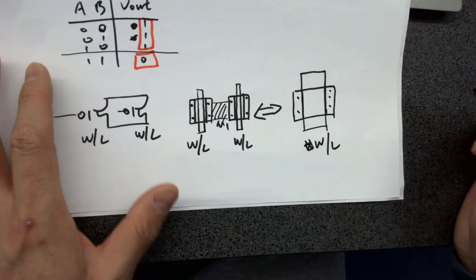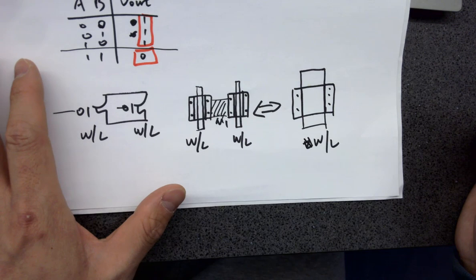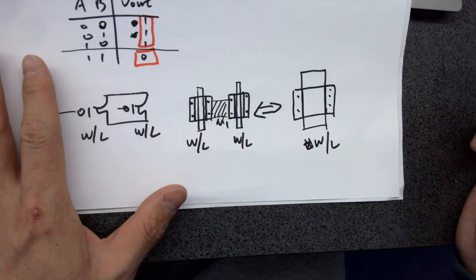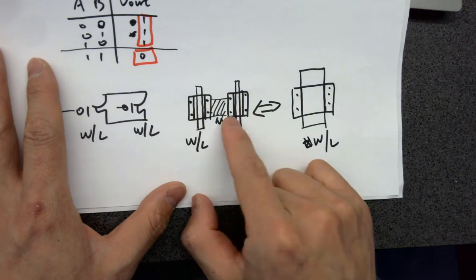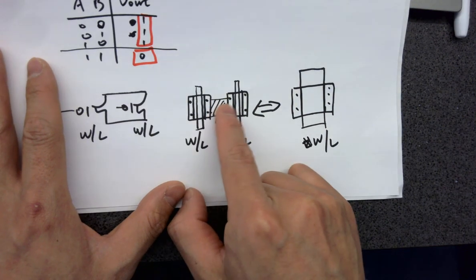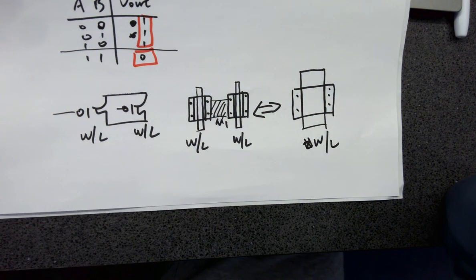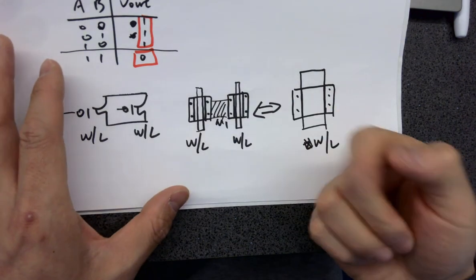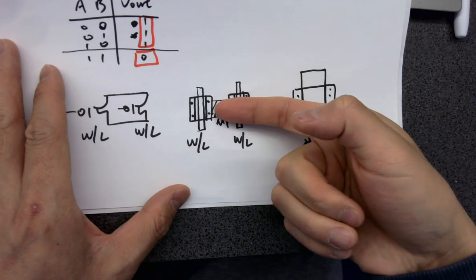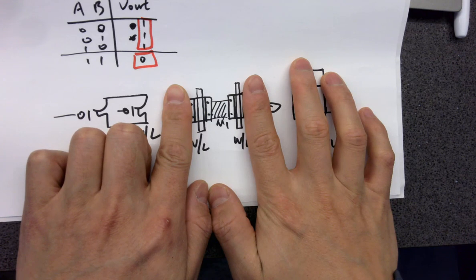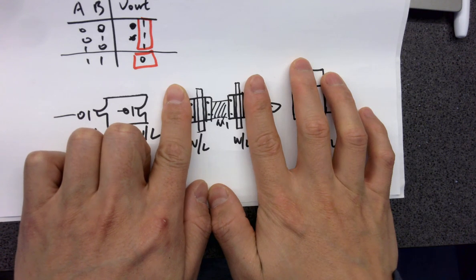What did I do wrong here? So if I short it this way, what's really happening? Am I doubling the width or length? Where's the current? What's the direction of the current flow? Through the channel, right? If I do it this way, am I doubling the width or length?